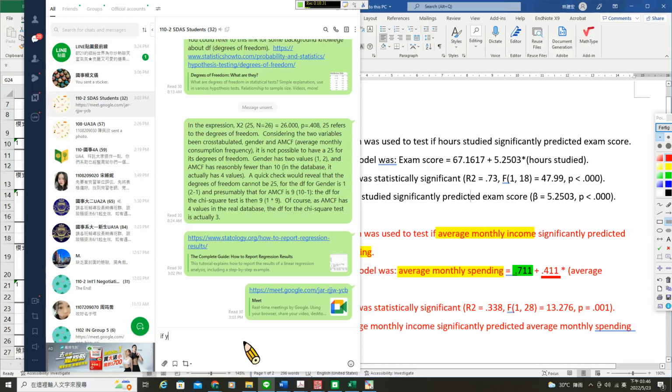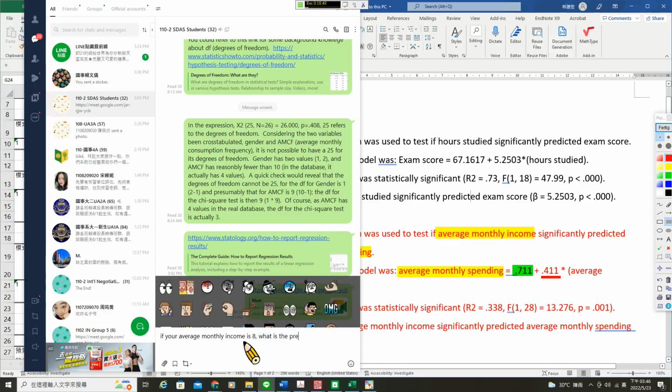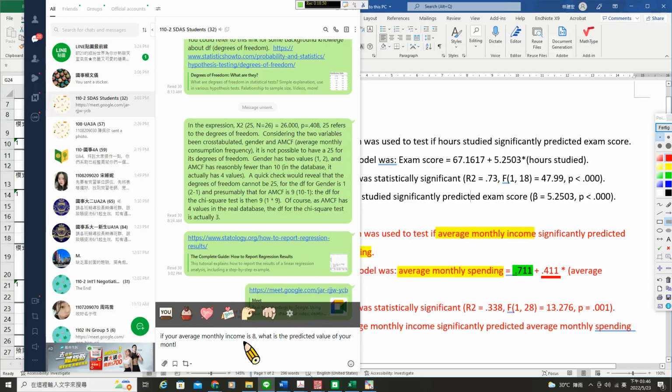So if your average monthly income is 8, because there are 9 different values, 1 to 9, right? So now you have 8. Then what is the predicted value of your, let's say, average monthly spending?